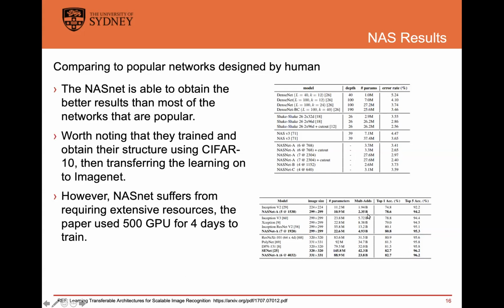The only thing is, even with the improved efficiency, they still used 500 GPUs to train for 4 days. So unless you have the resources, you can just use their pre-trained network, adjust the weights, and then adjust the prediction layer so it suits your data.